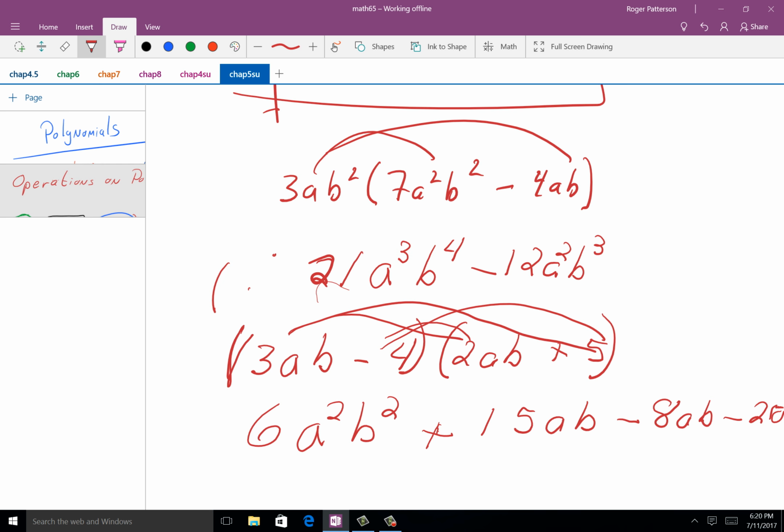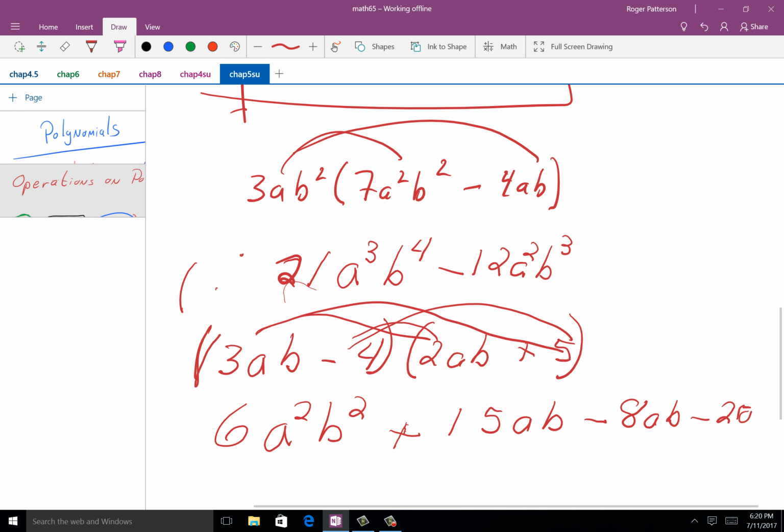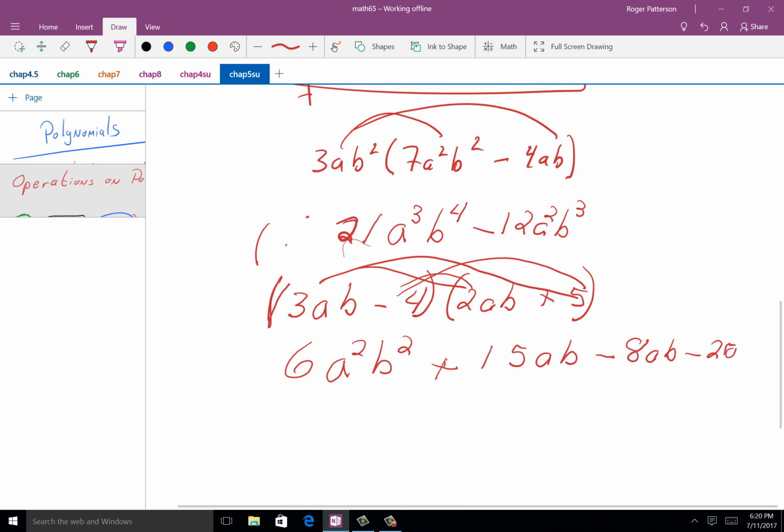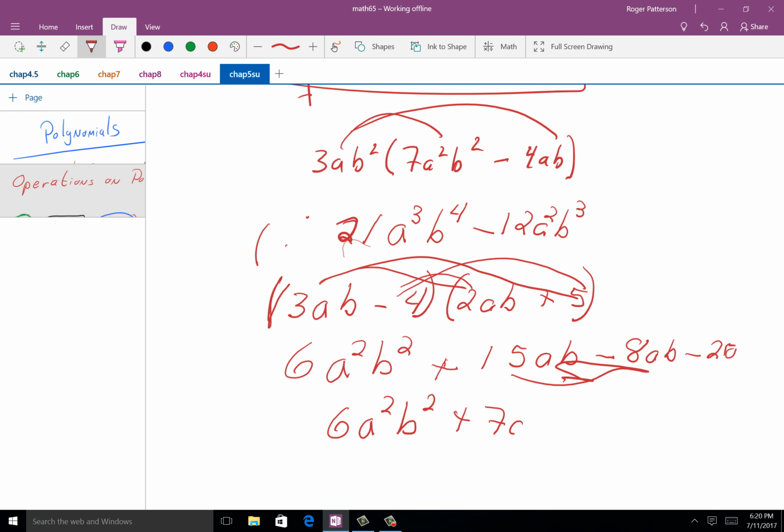Okay, so now we just got to combine the like terms, and when you FOIL, almost every time the stuff in the middle is going to combine. So let's see, we got 6a squared b squared. Then all this stuff here in the middle is going to combine, plus 7ab minus 20.